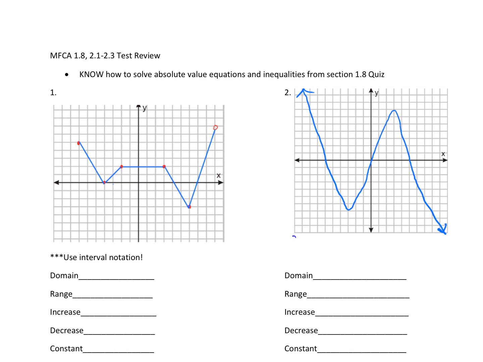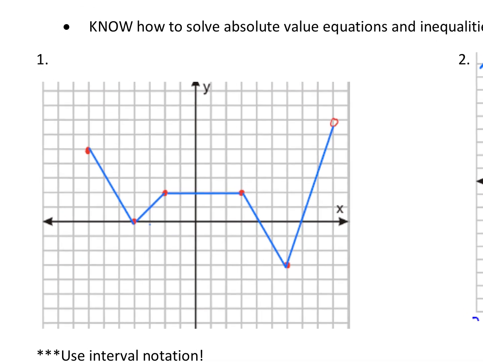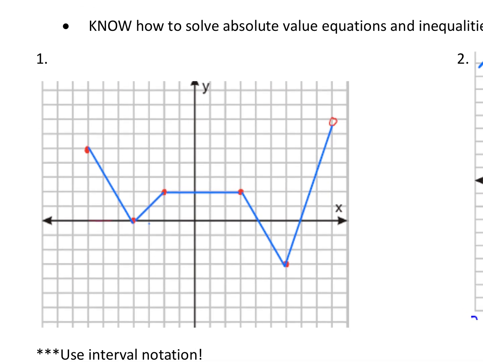So the first thing we're going to look at is your domain. If we look at your domain, it's the x value. So from where to where, lowest to highest value, that your x values are. Your x values are being covered from here all the way up to here.